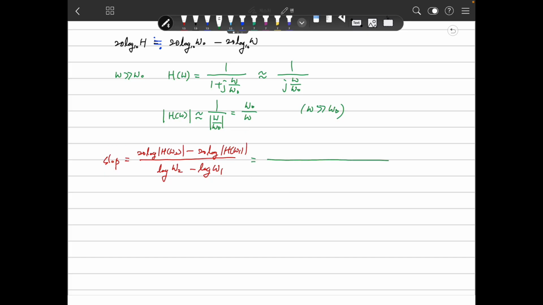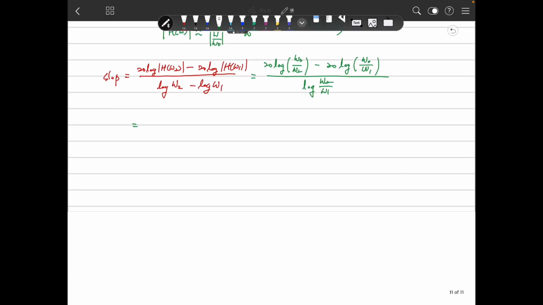So if it's 1 decade, that will be log omega 1 and omega 2. And this is 20 log H omega 2, which is omega 2 over omega 0, minus 20 log omega 1 over omega 0.